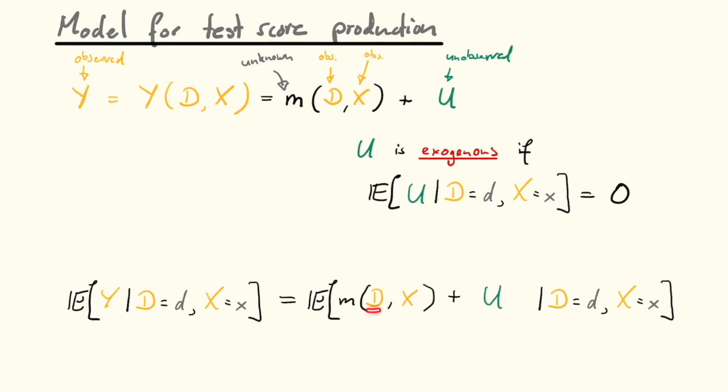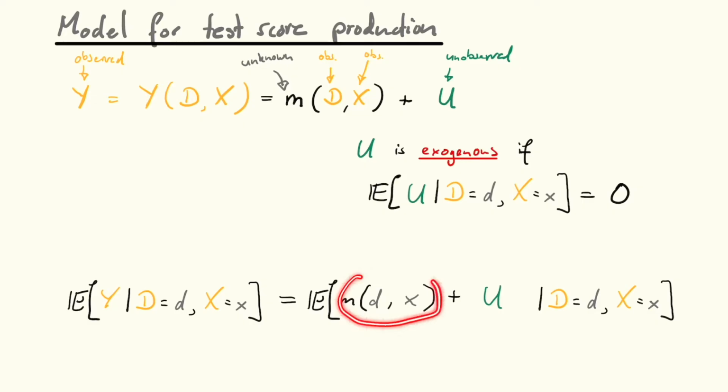So I can replace the general class size and PD index by these two specific values. This is just the m function evaluated at values lowercase d and lowercase x. This will just be a number. And since it's a fixed number, it's just shifting the average by this amount.